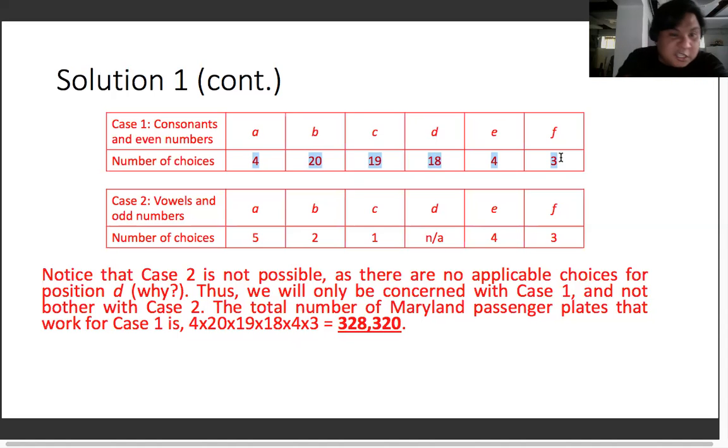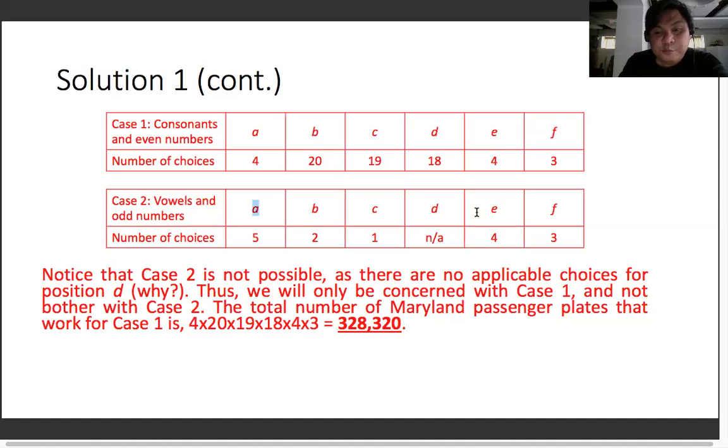Now let's go to case 2, where the plates are made up of vowels and odd numbers. For position A, we have an odd number position here. In the first digit, we have 5 possible digits to choose from: 1, 3, 5, 7, and 9.